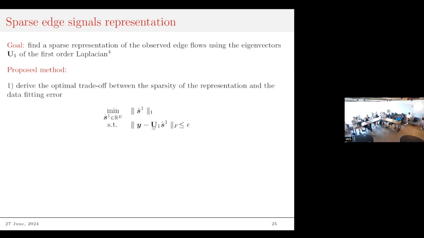Okay. And I want a sparse representation, but I also have to impose a constraint on the goodness of the representation. I want to minimize this data fitting error, or constrain this error to be lower than a given upper bound, a small value.